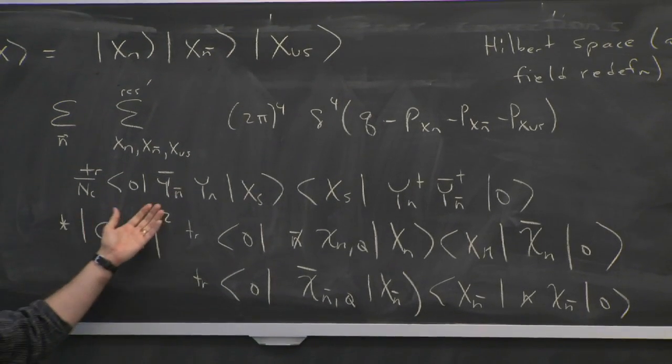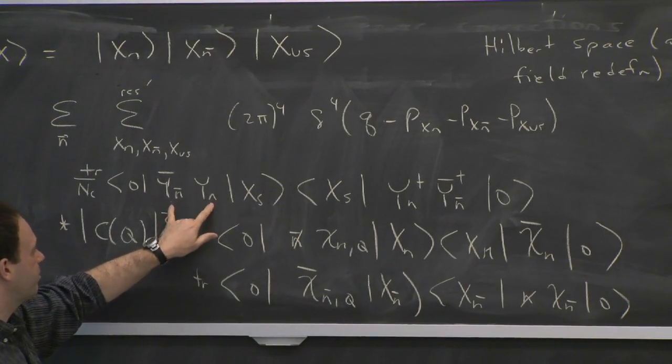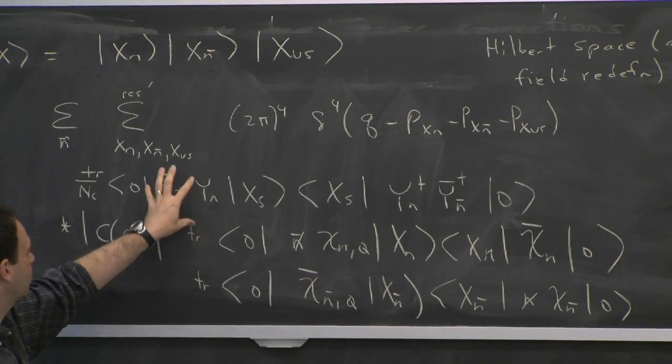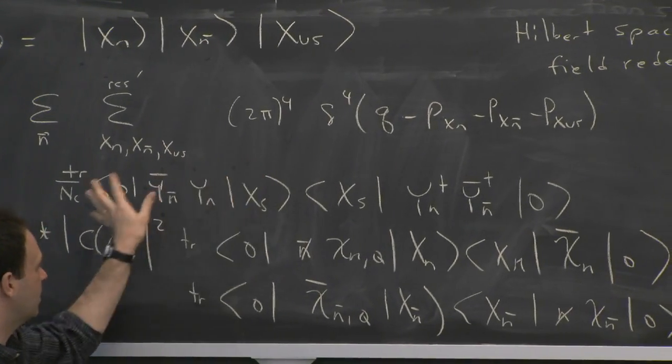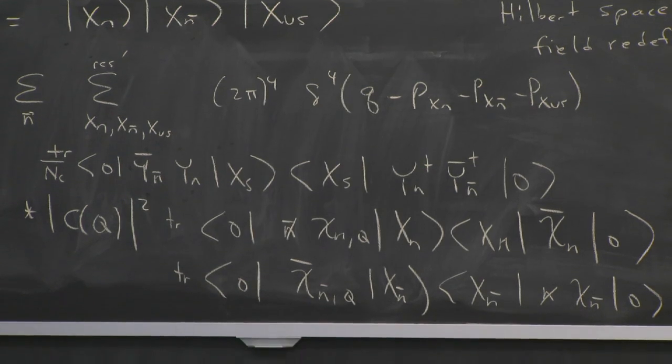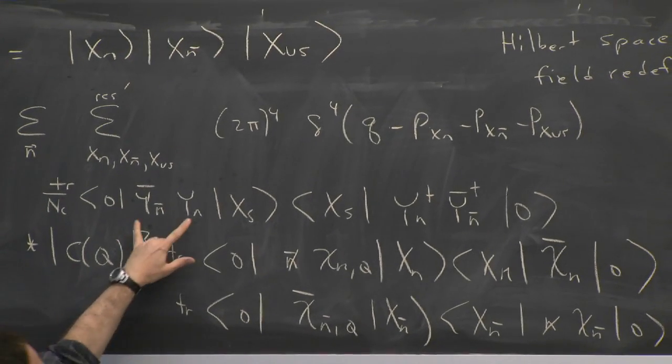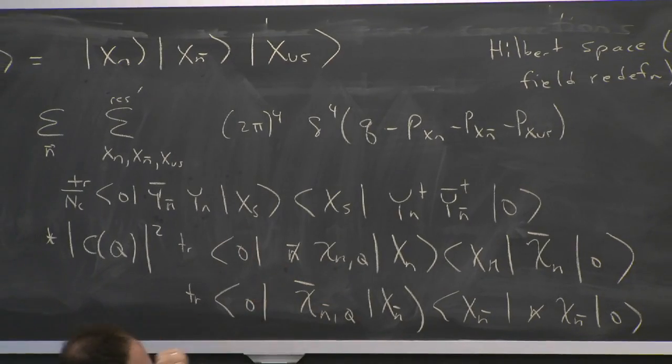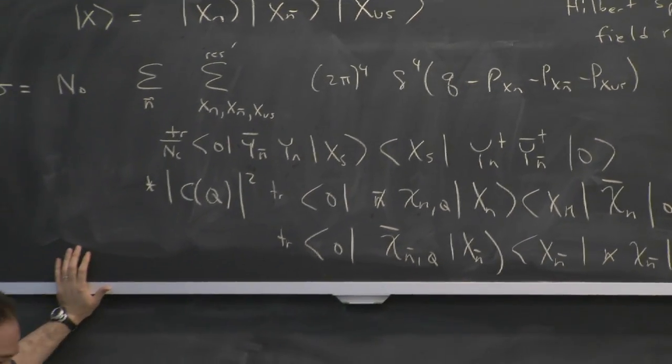So remember, the fact that the states factor and that the operators can be written as a product means that all contractions are happening between these guys and these guys. That's why I can separate the matrix elements in the way I have. And the only thing is that there could be color indices tying these guys together, but it turns out you can deal with that as well.